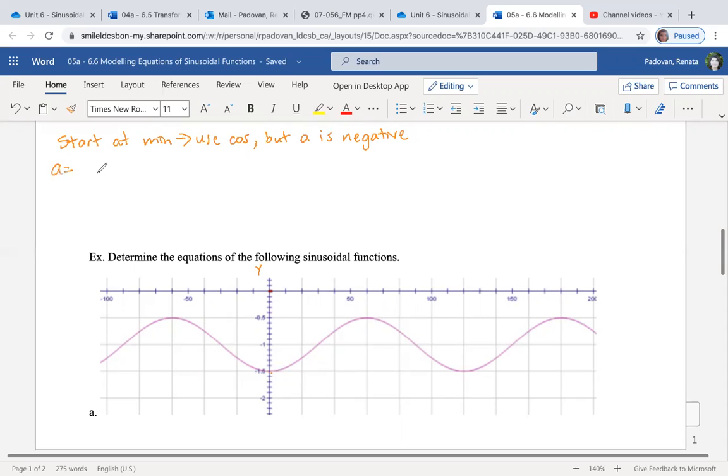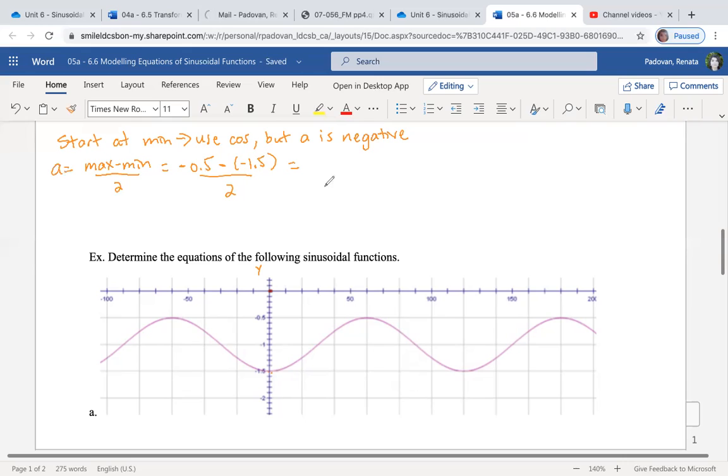So my A value is max minus min. We probably have that memorized pretty soon by now, just from writing it out all the time. So this is easy. What's my maximum value? My maximum value is negative 0.5, minus my minimum is negative 1.5, divided by 2.